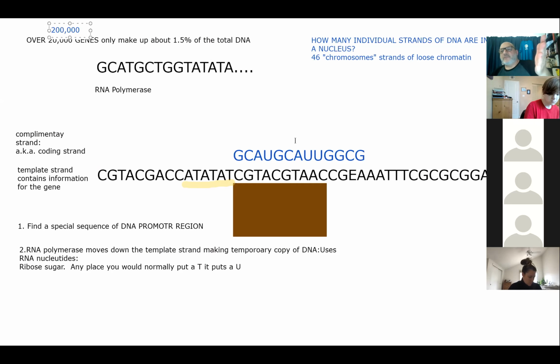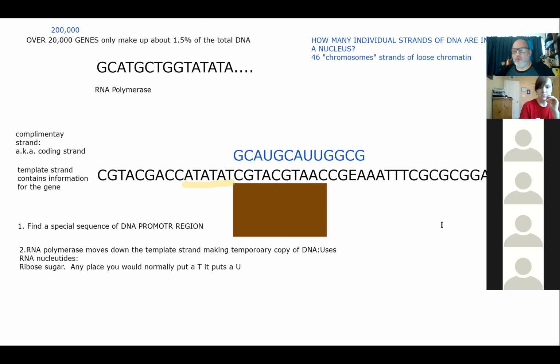So once it locks on, do we want it to go all the way down to the end? No, you want it to stop. So the third step in this process is termination. And that termination is where we hit a termination sequence.